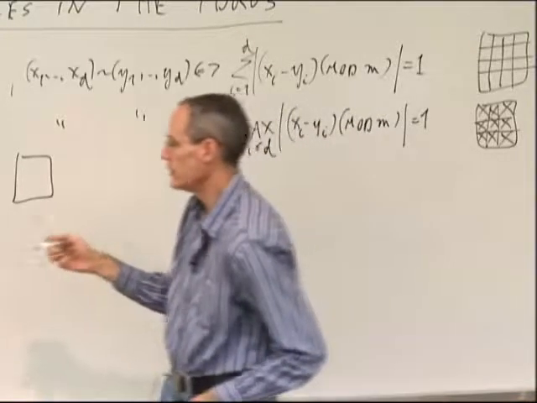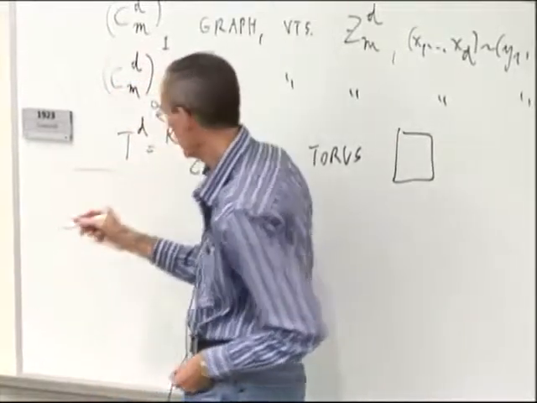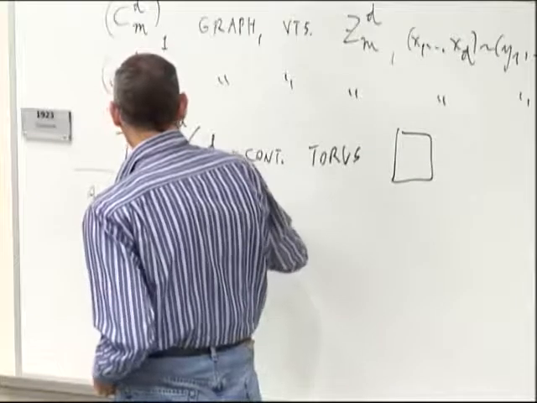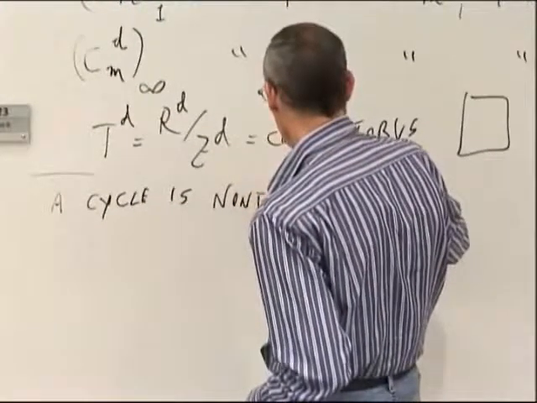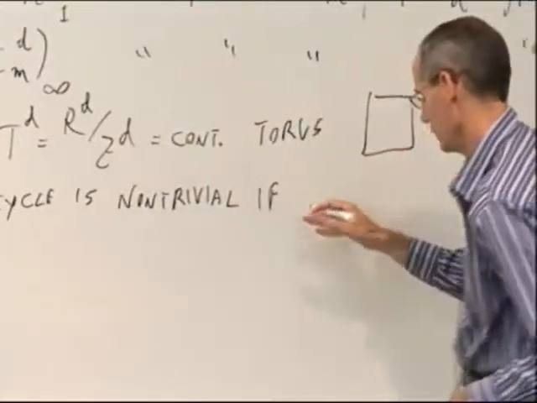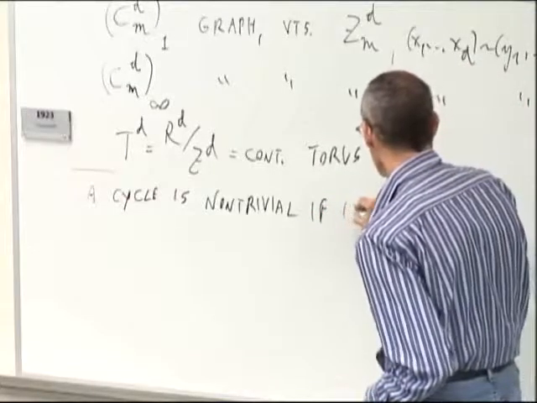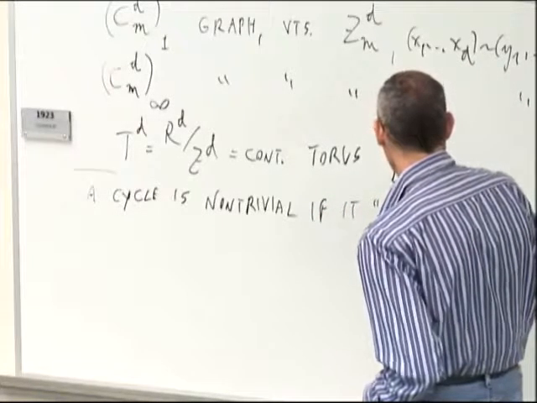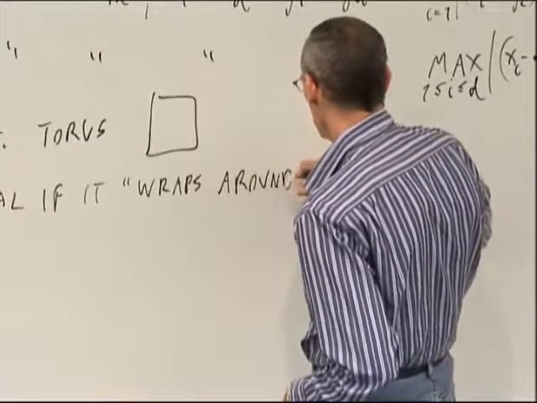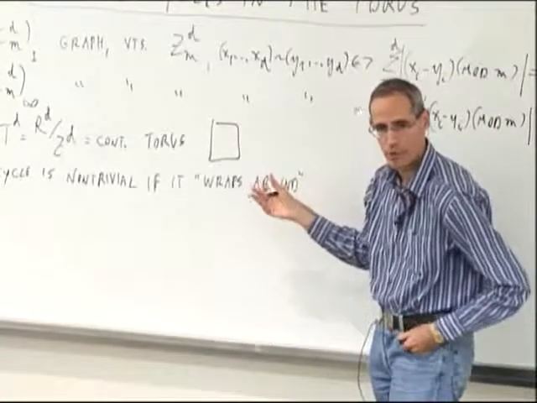So I want to define what is a non-trivial cycle in each of these tori. A cycle is non-trivial if it is not homotopic to a point, but I'll just write informally if it wraps around. Namely, we cannot contract it to a point in the torus.